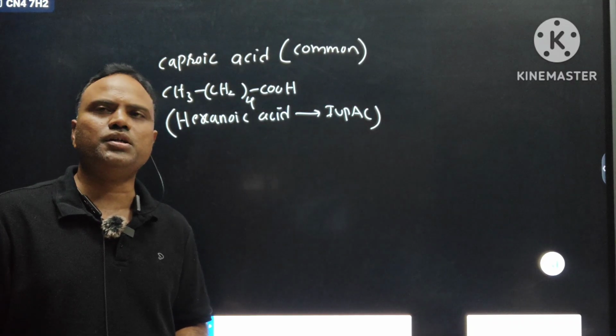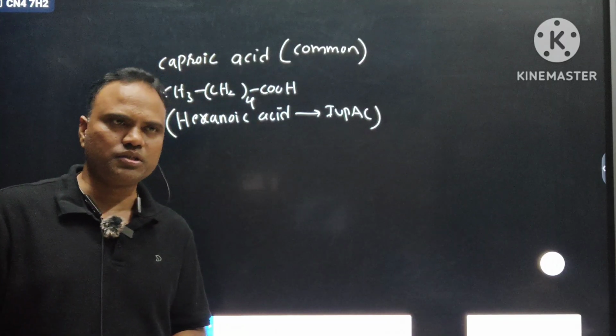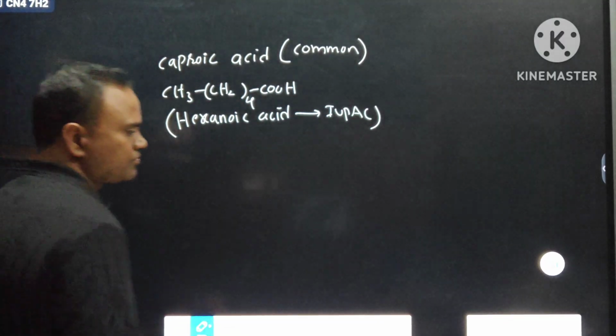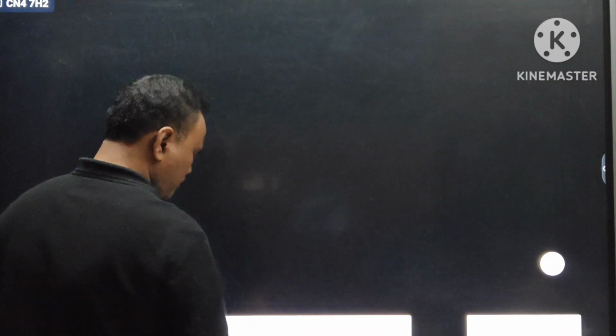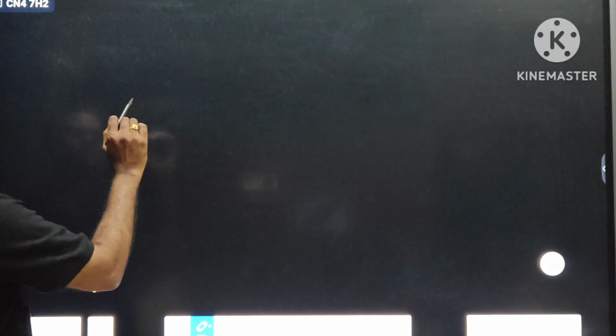Start the important organic aromatic carboxylic acids. Without having an idea about the structure, you cannot do questions like the acidic nature of aromatic carboxylic acids. First one, nomenclature, continuation of nomenclature only.